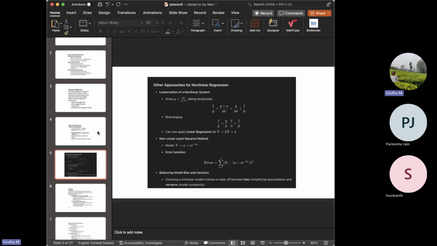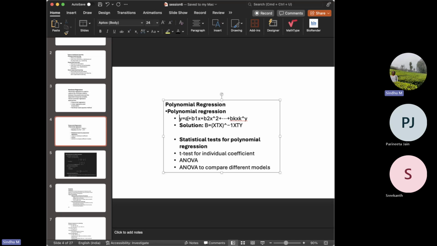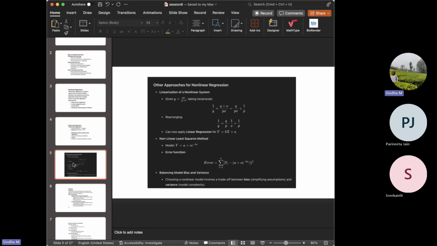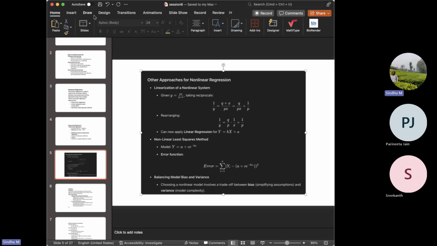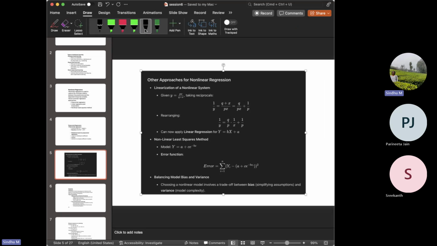Instead of this approach, there are other approaches where, in some cases, you can convert the equation from a nonlinear form to a linear form. For example, if you have the equation y equals px by q plus x, here you don't see any linear relationship.